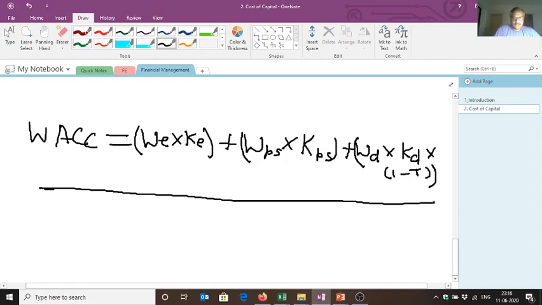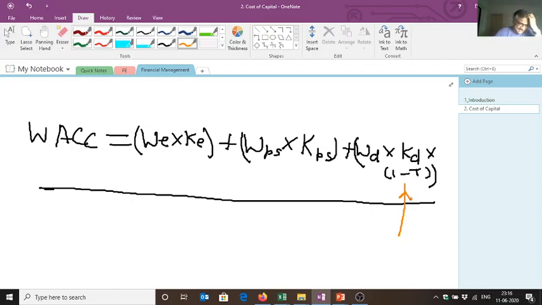Why this? That is the only question which I should highlight. Why this post tax part? What happened? Debt is a tax deductible item. It means if a company is paying interest, then company's taxable income goes down in that proportion.